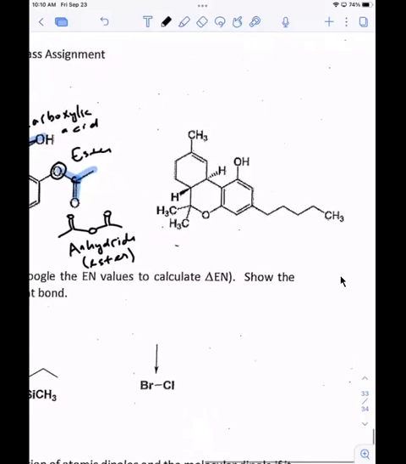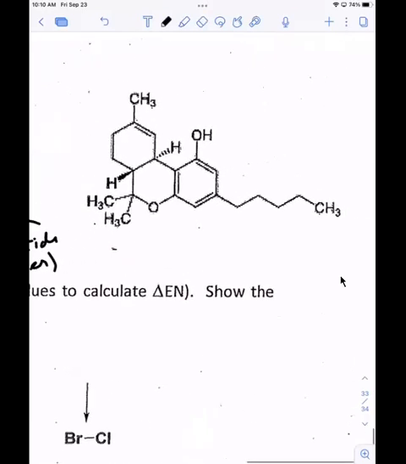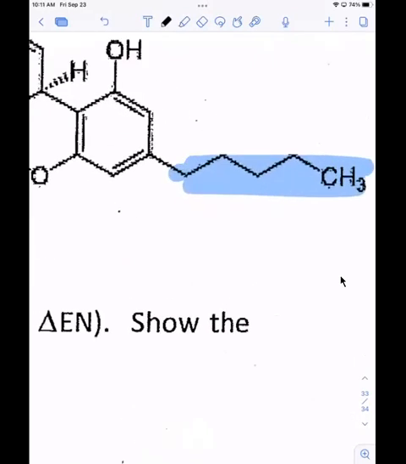All right, let's go to, I think we've done this one already. This is THC. We've done that one already. But for practice, let's do it again. What is this group here? What do we call that? Alkyl. Good.